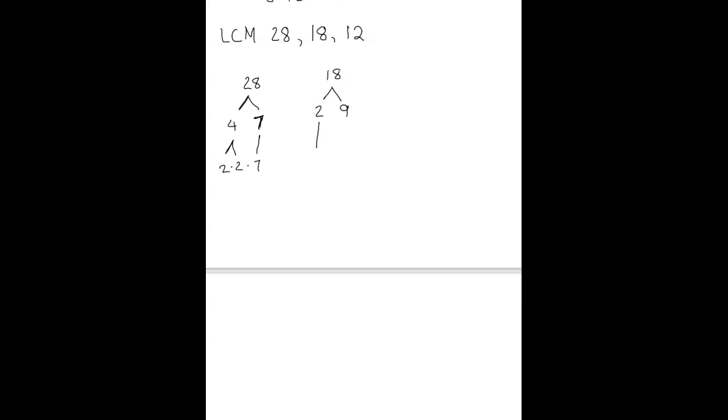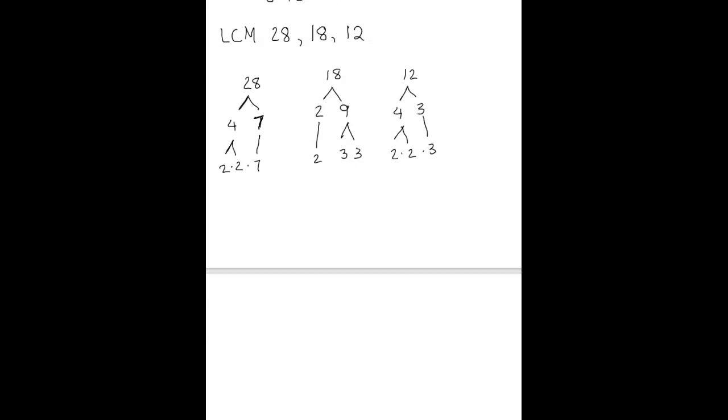That 2 comes down, and my 9 is going to factor to 3 and 3. And then my 12 here, I'm going to have a 4 and a 3. That's a 2 times a 2 times that 3 that I'm going to bring down.